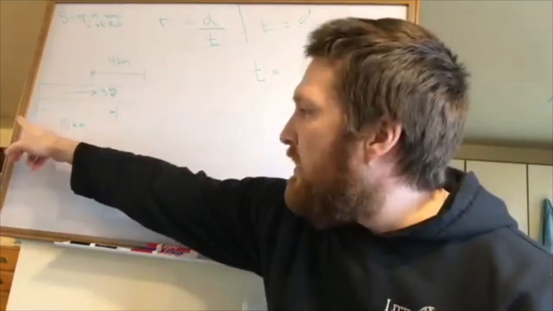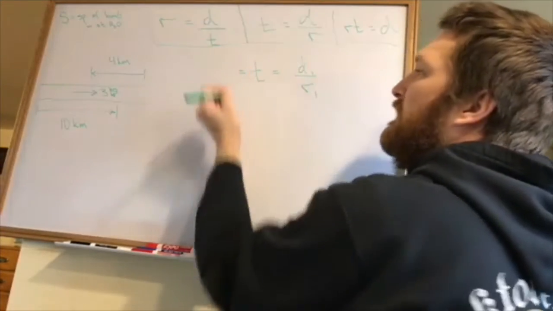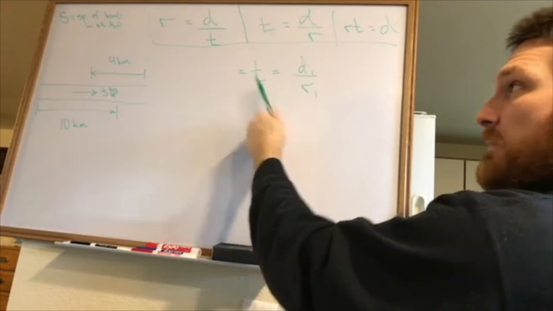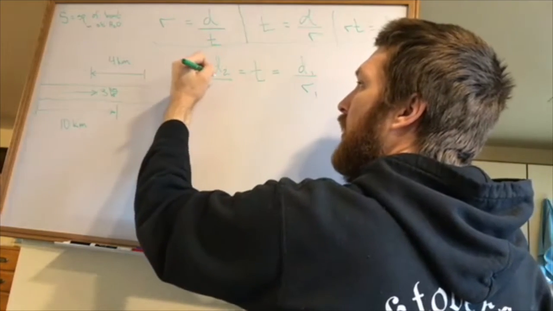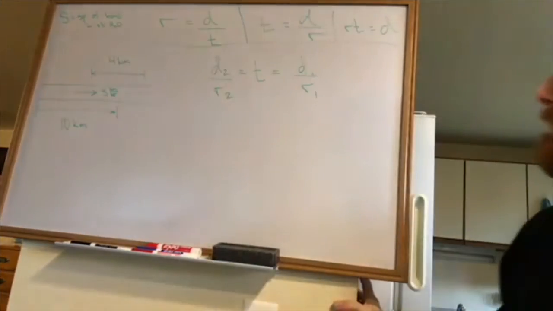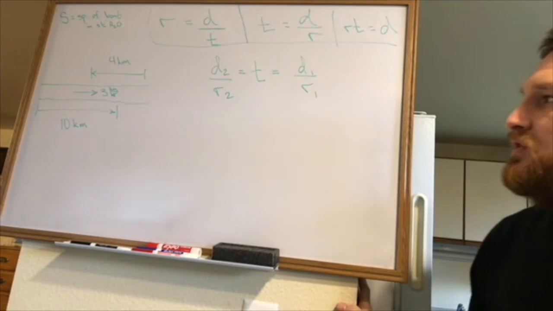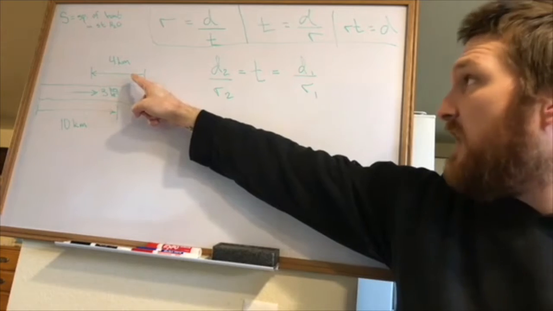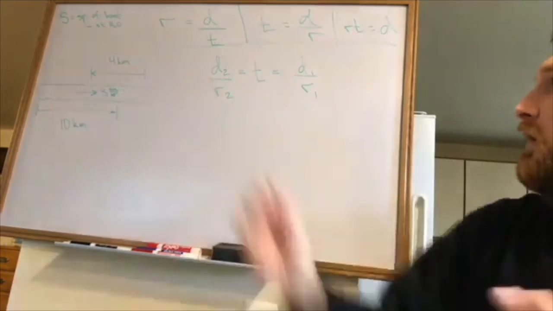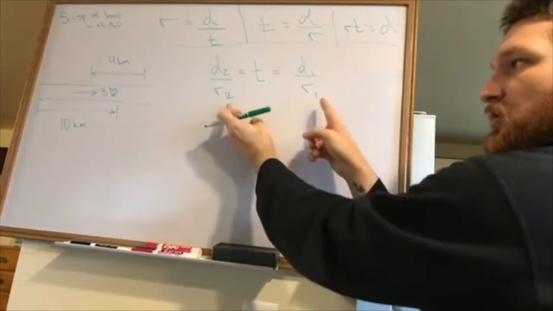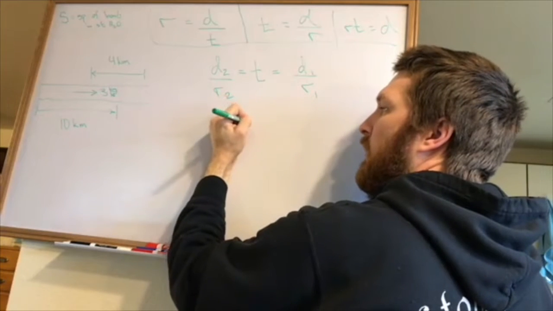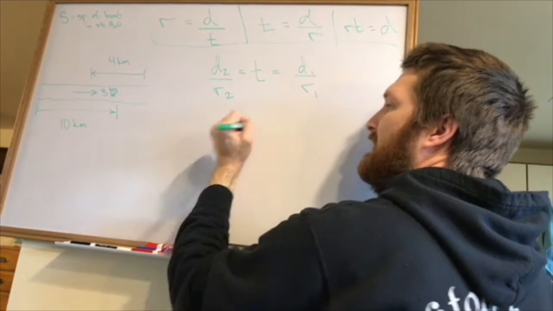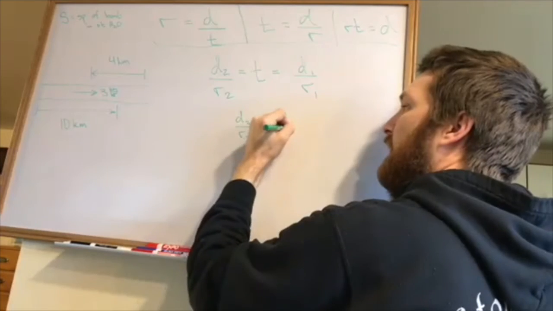But in the same way, this second trip, that distance and at its rate, whatever it happens to be, is also equal to that same exact amount of time. So D2 over R2. We know the distance traveled in the first trip was given, that's 4 kilometers. So what I've just set up here is that this guy has to equal this guy right here.